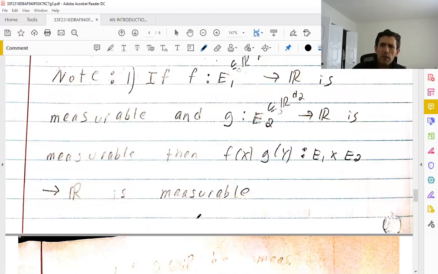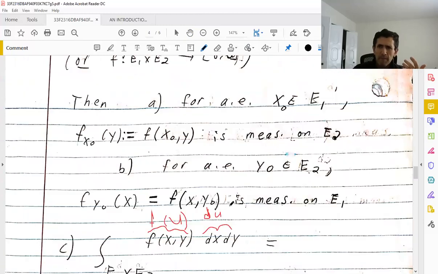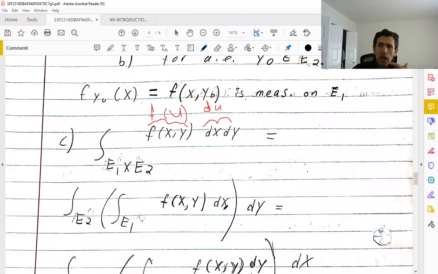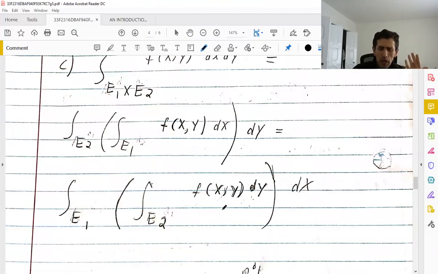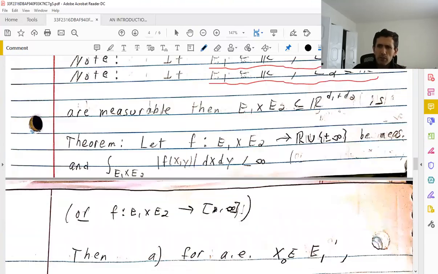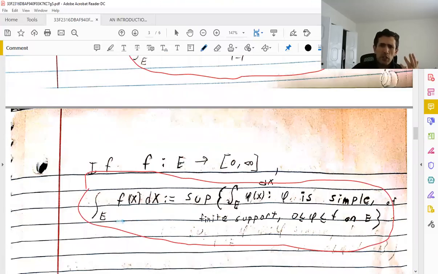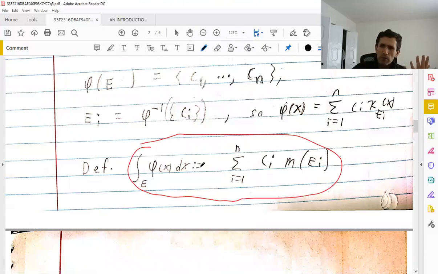And I should mention basically everything we're doing here, including Fubini's theorem, holds for abstract probability spaces. And in particular, you define integration with respect to abstract probability spaces, which is super important because you need that to define expectation and variance.